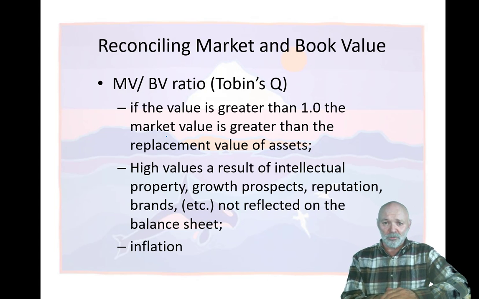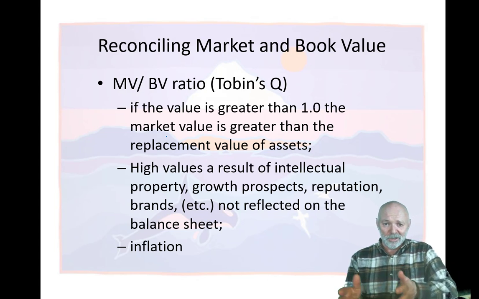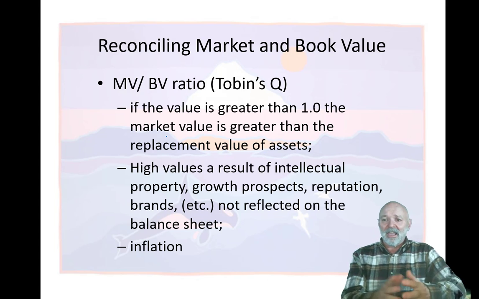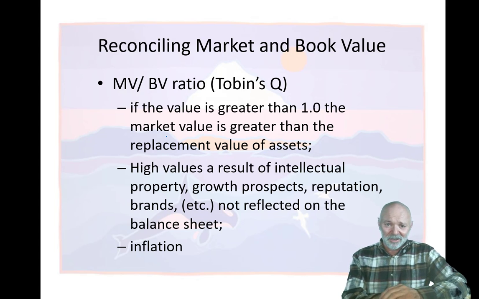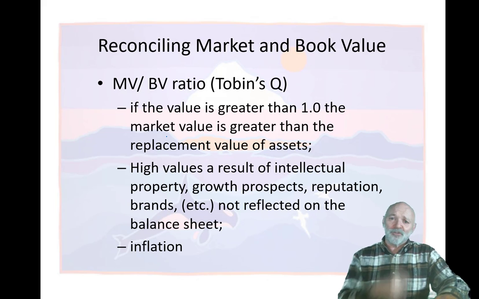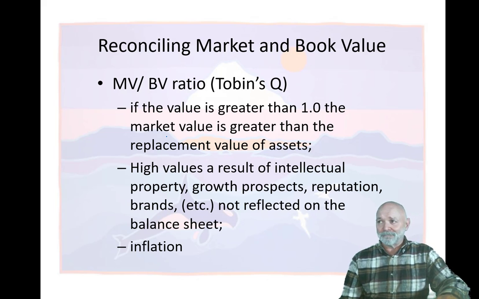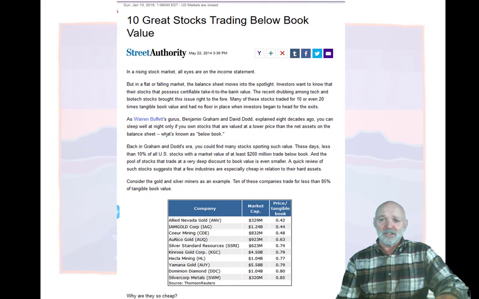Well, the market value might be $20 million because over time the market has risen, and the accountants do not revalue the value of that building. So higher inflation might also be a reason why the average market to book value would be greater than 1. Sometimes it's a good way to spot bargains.